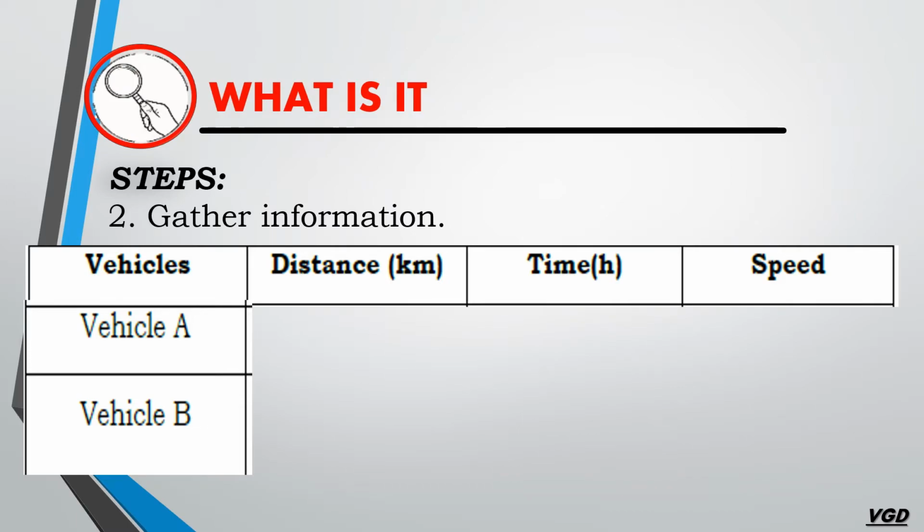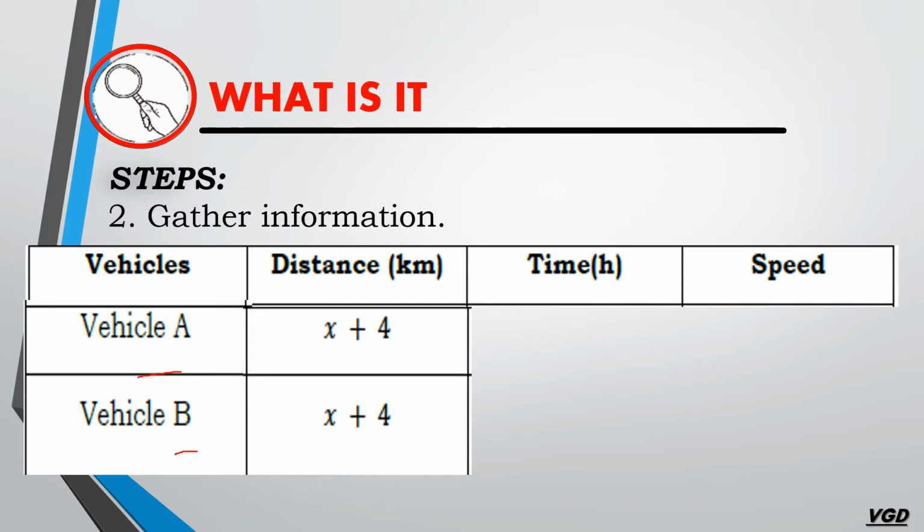So for those two vehicles, we can assign them as vehicle A and vehicle B. And take note, for the distance covered, it was also given that for vehicle A, the distance is x plus 4 kilometers. And for vehicle B, the distance is also x plus 4, because as stated in the problem, two vehicles traveled x plus 4 kilometers.